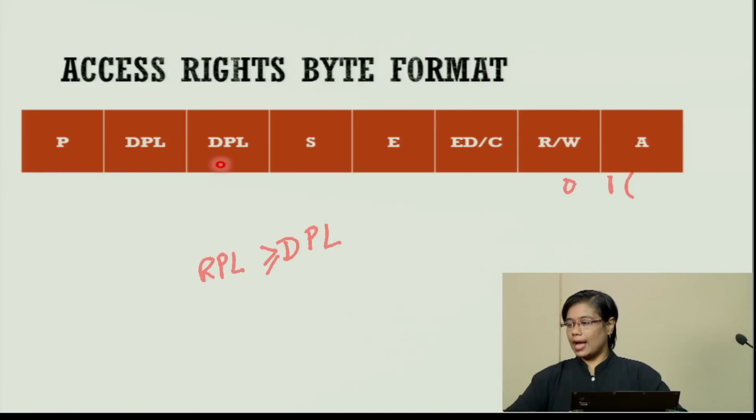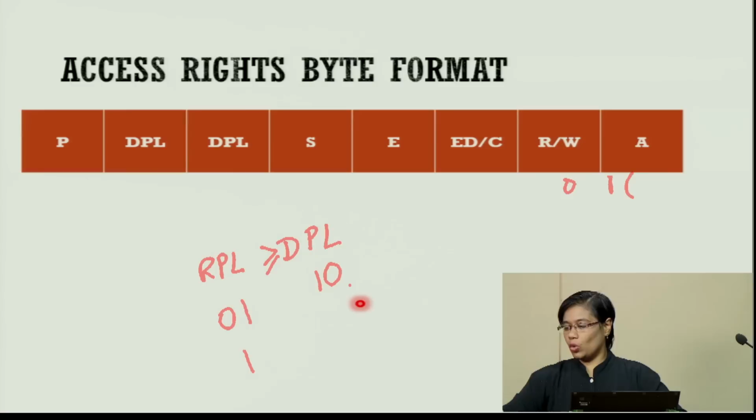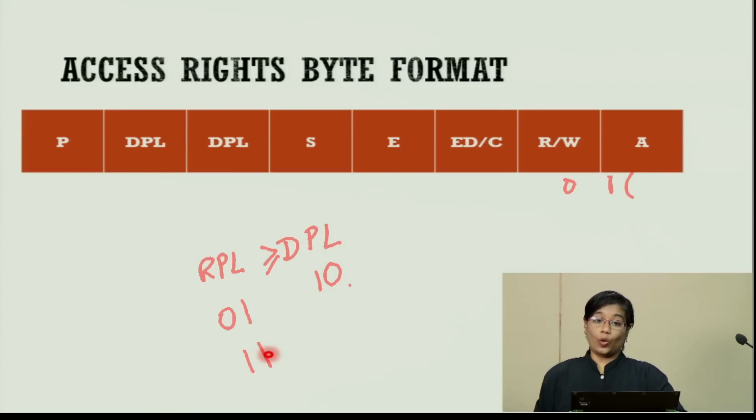So if you say that the RPL is going to be 01 and the DPL happens to be 10, the privilege level here is greater than the DPL privilege level. So the RPL is greater than the DPL, and since it is greater, access will be allowed. But if the RPL was 11 and the DPL was 10, in this case the request privilege level is lesser than the DPL.